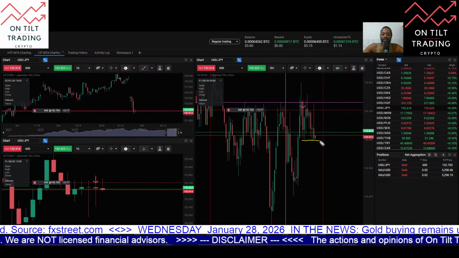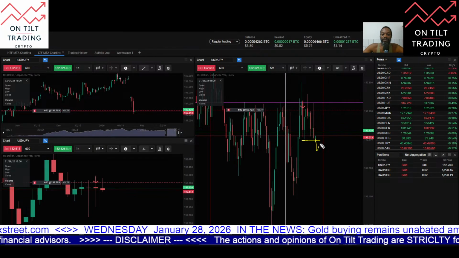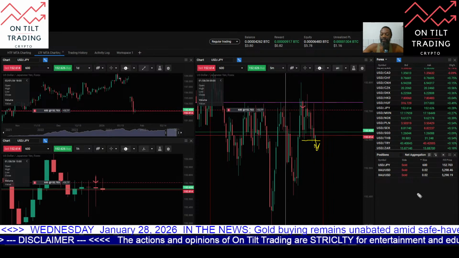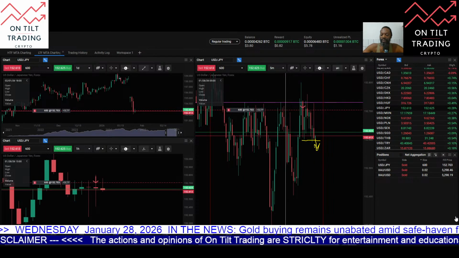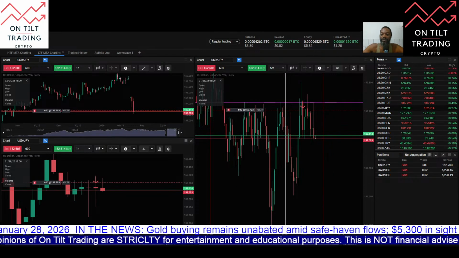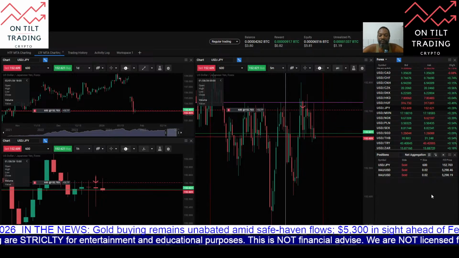So now this level is a swing low. We'll see if price wants to trade through it for a break of structure here on the 5-minute chart, which would be a sign of continuation.